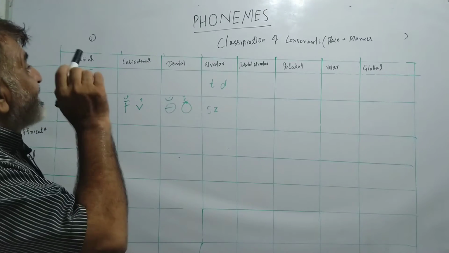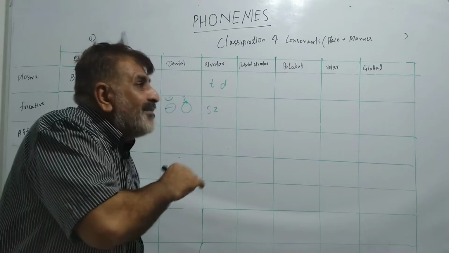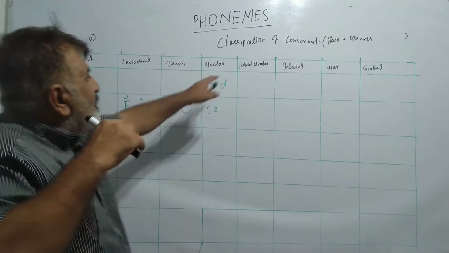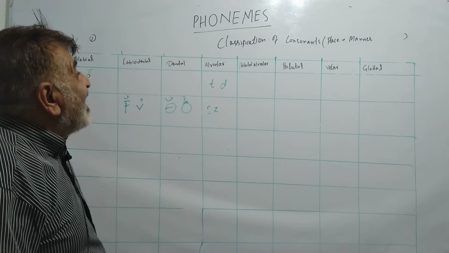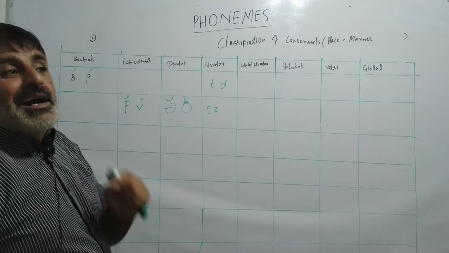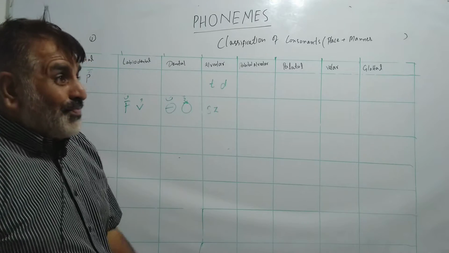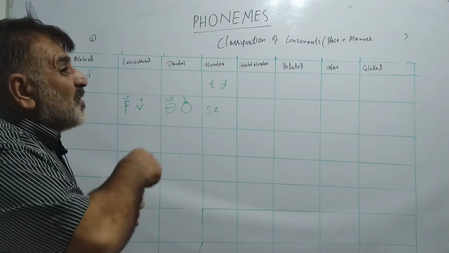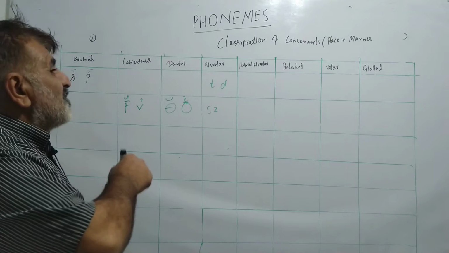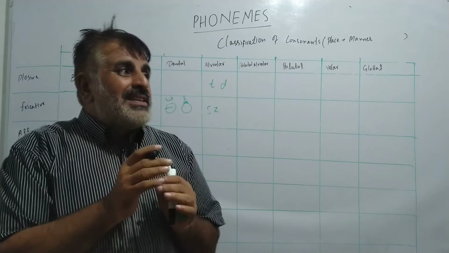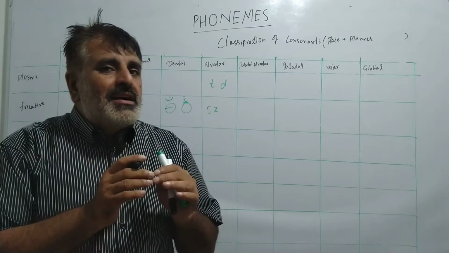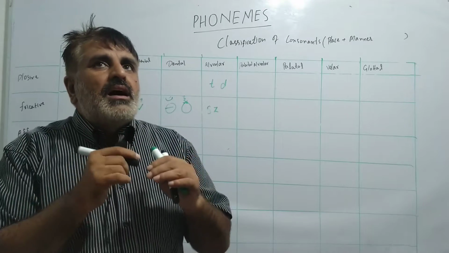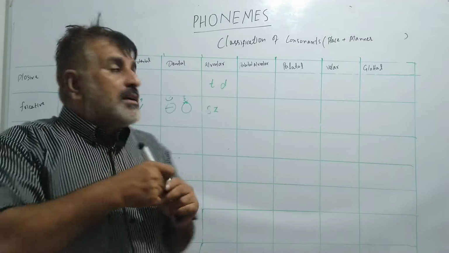The next one is palatal alveolar. So what is this one? Palatal alveolar. We have four sounds for this: sh, j, sh, ch.